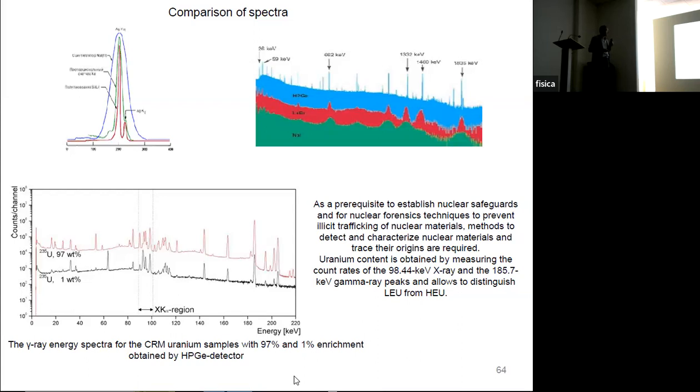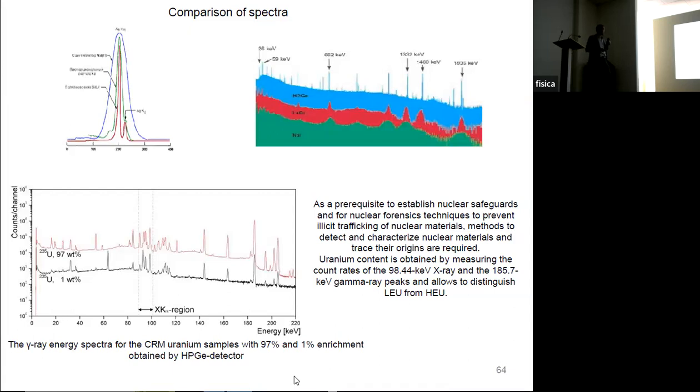And there are some techniques to prevent illicit trafficking of nuclear materials, specifically from reprocessing plants. And it can be done with gamma ray spectroscopy.